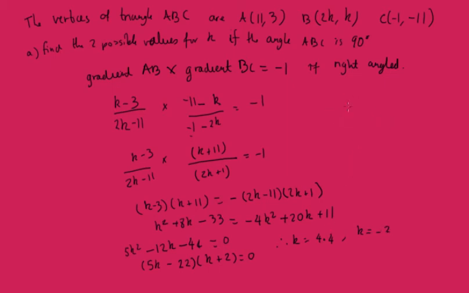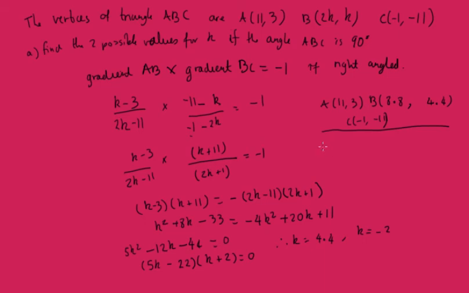So that gives us the different coordinates. We've got A, 11, 3, then if we use k is 4.4, B would be 8.8, 4.4, and C is obviously minus 1, minus 11.